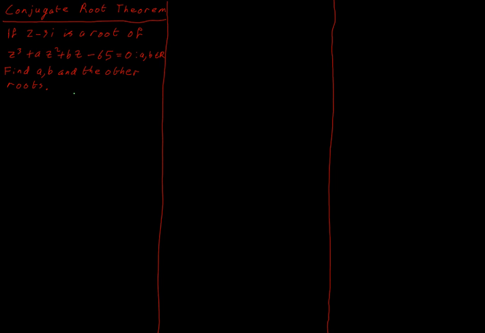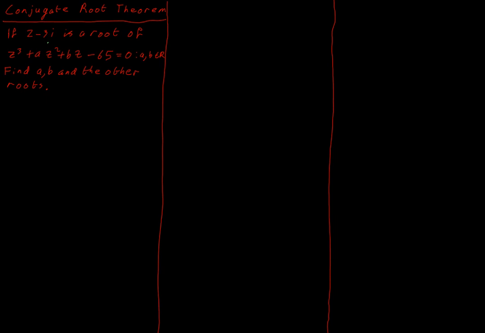Now, because it has one complex root and they come in pairs, that tells me I'm going to have another complex root, the complex conjugate of this one, and then I must have a real root. Why must the third root be real? Because it doesn't come in a pair. There's only one more of them, and only real roots could come in ones.